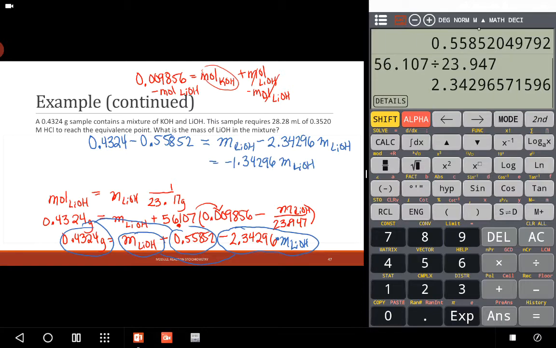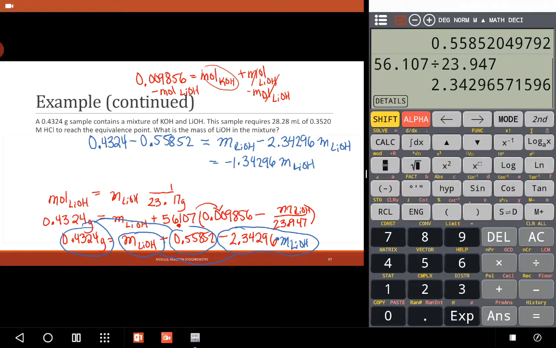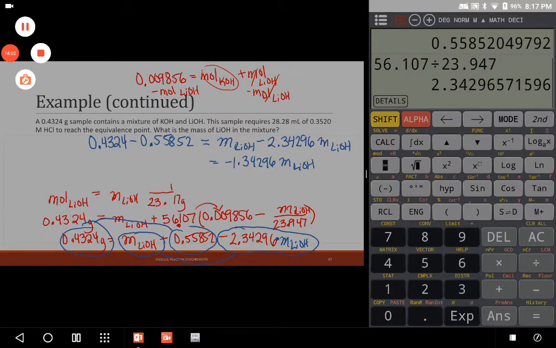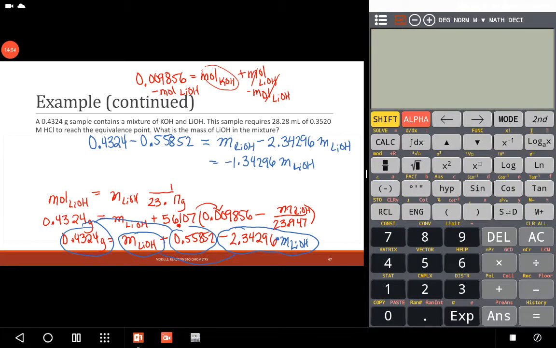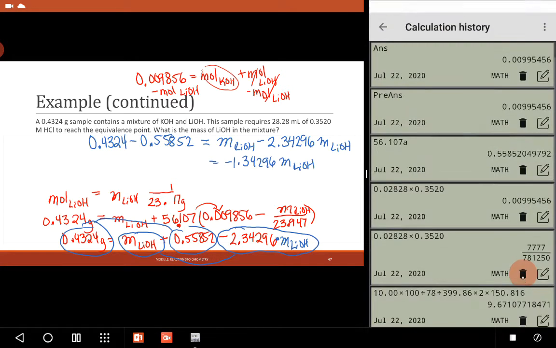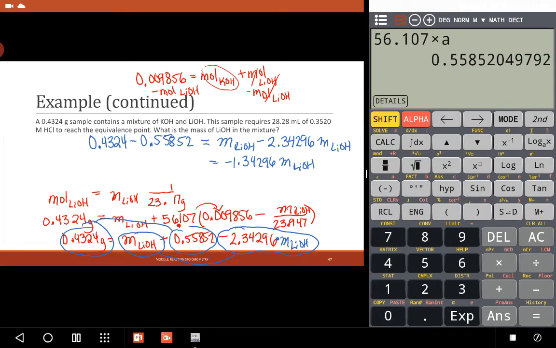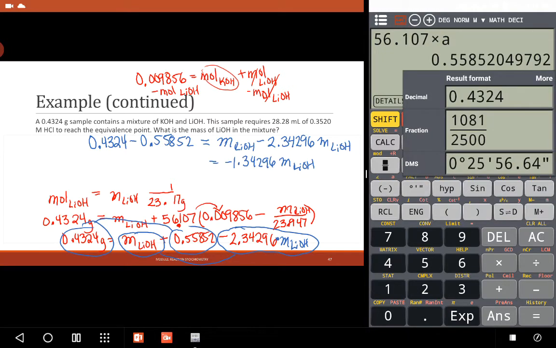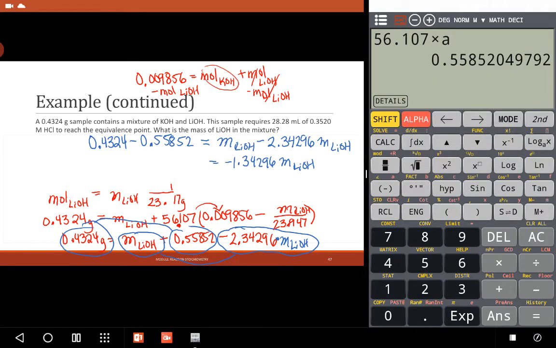I've got to figure out what that is. And so, okay, we have 0.4324, and if I go through my history, I can find the previous value. Didn't let me save. Okay.